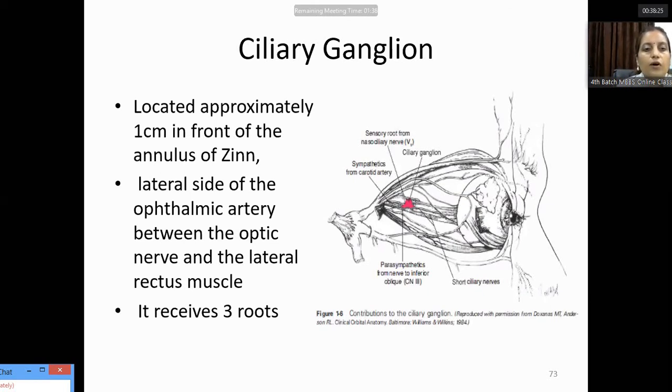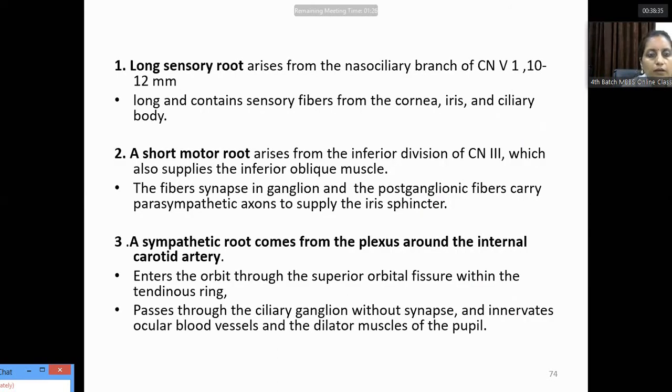It lies on the lateral side of the ophthalmic artery between the optic nerve and the lateral rectus muscle, and it receives three roots: a long sensory root, a short motor root, and a sympathetic root that comes from the plexus around the internal carotid artery.